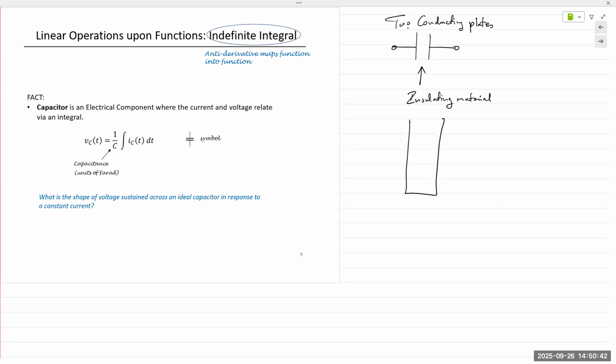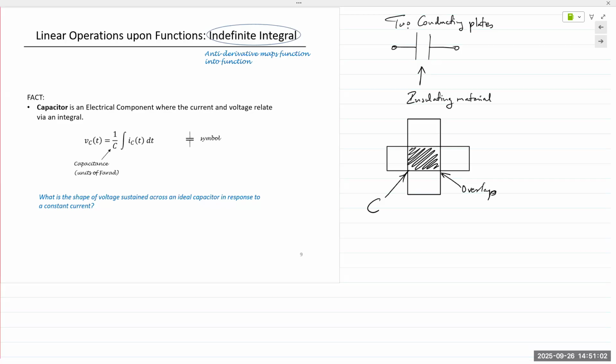If you have two rectangular plates crossing over each other, then the place where they overlap is where you have your capacitor.